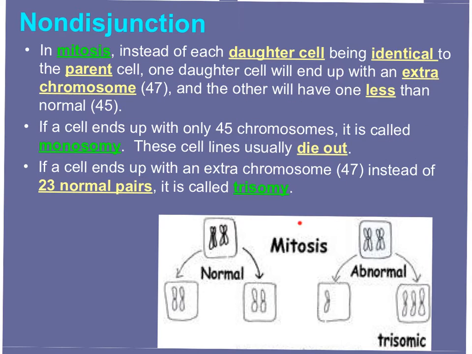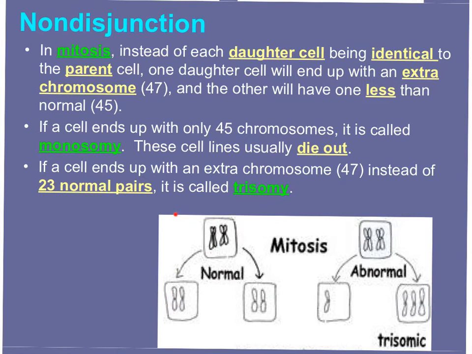Now, we have mitosis pictured here. And so let's say we start out with these 4 chromatids. Then what we're saying is normal is that we end up with 2 of these, then that's sort of the goal, in a way.